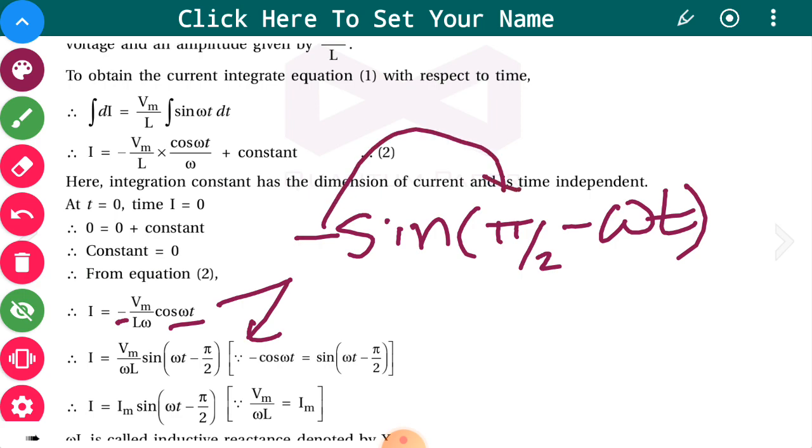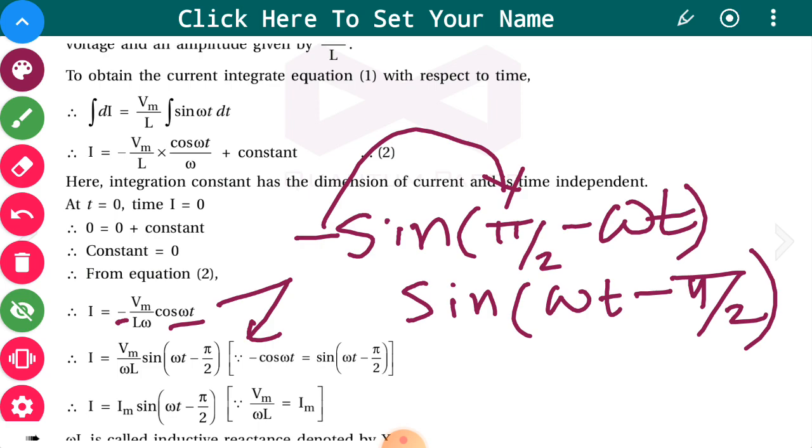If you take this minus inside, it becomes sine of omega t minus pi by 2. So this way it is written here.